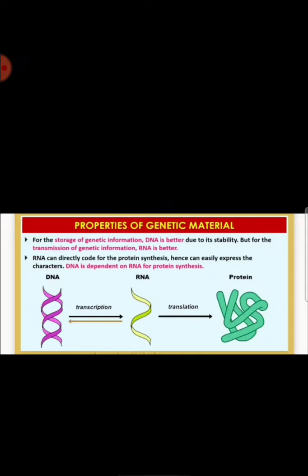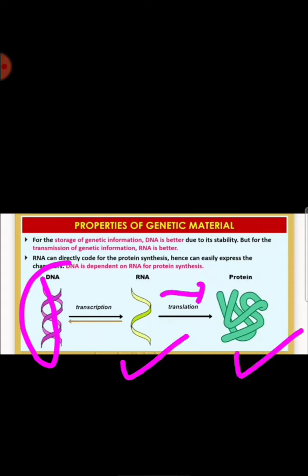You will study in the transcription and translation processes why RNA is better. RNA can directly code for protein synthesis and can easily express the characters. So DNA undergoes transcription to produce RNA, and RNA undergoes translation to produce protein.